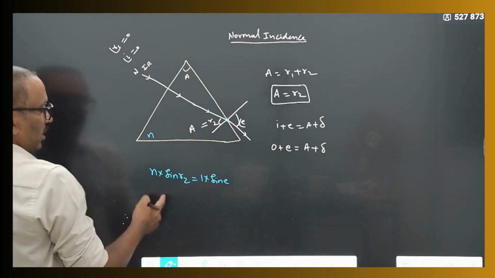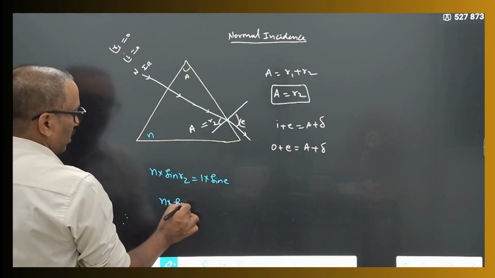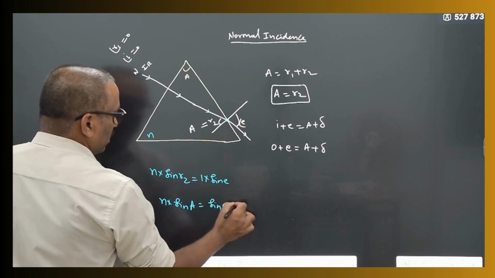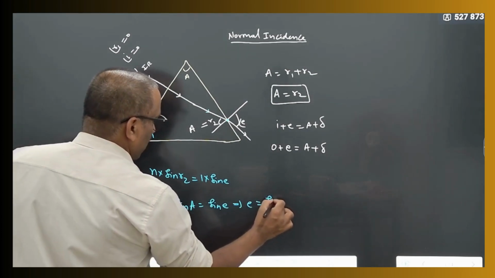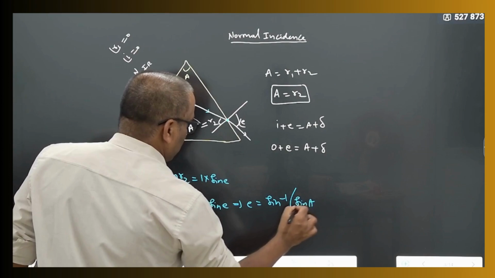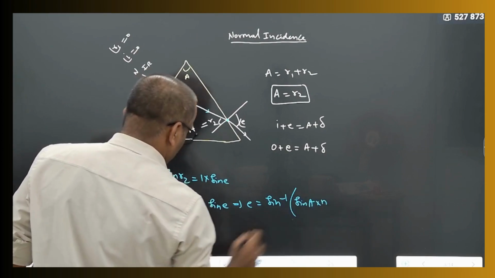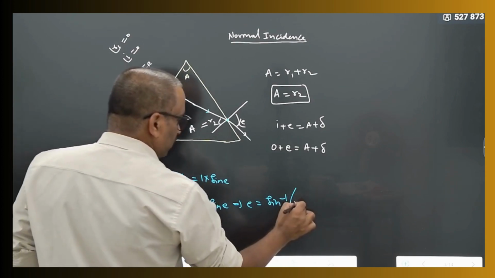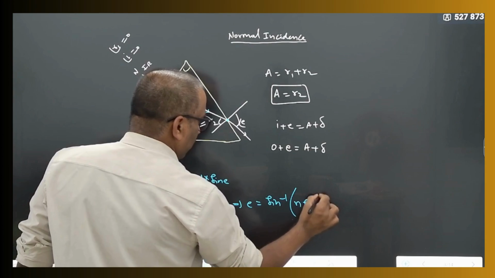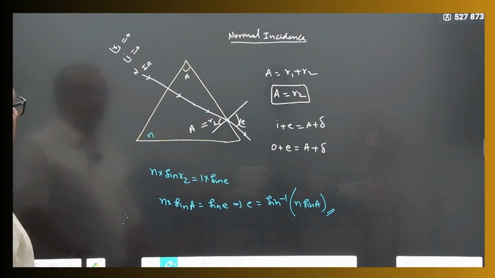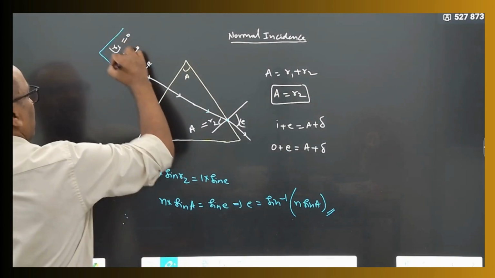So n into sin R2, which is nothing but A, is equal to sin E. That implies E is equal to sin inverse of n into sin A.